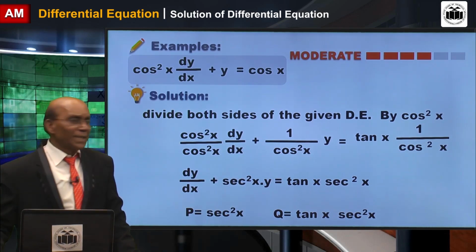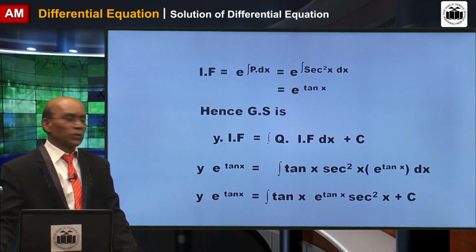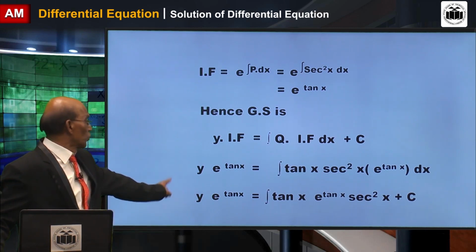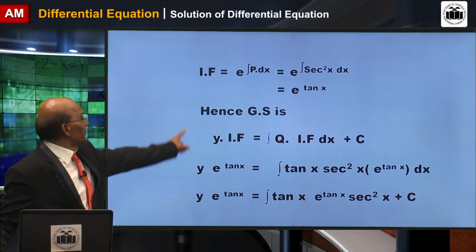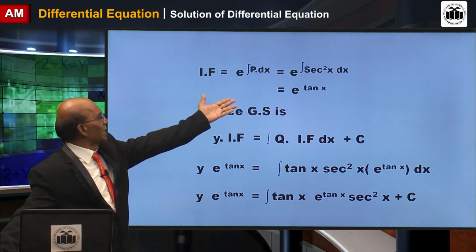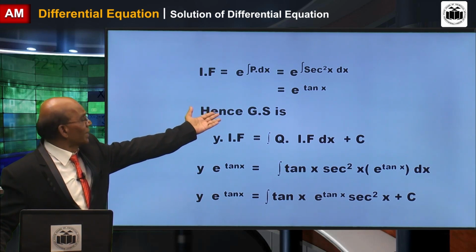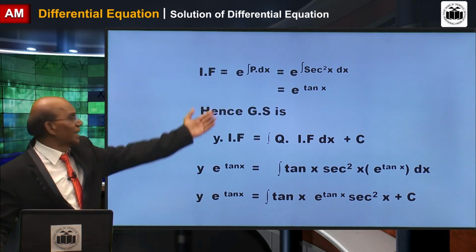By comparing that equation again we can get p and q. So the next step is the integrating factor. The second point in a linear differential equation is to find the integrating factor, and we put the value of p as sec square x, which is again one of the standard forms: e raised to tan x, since the integral of sec square x dx is tan x.